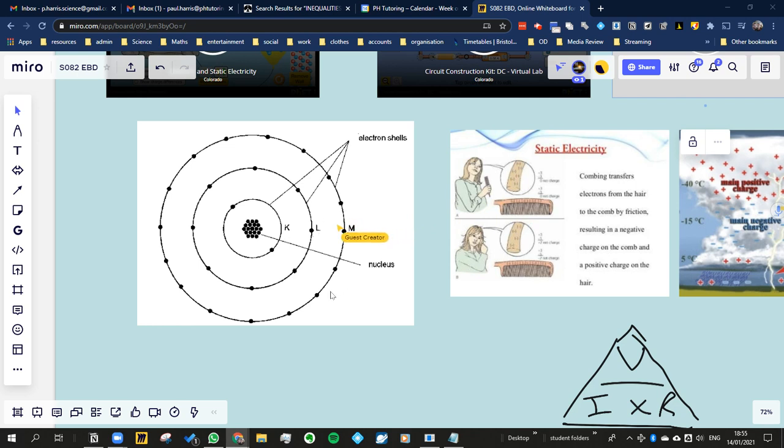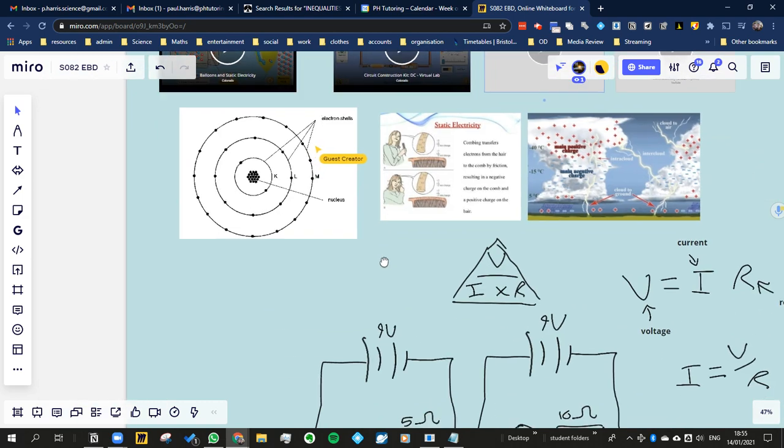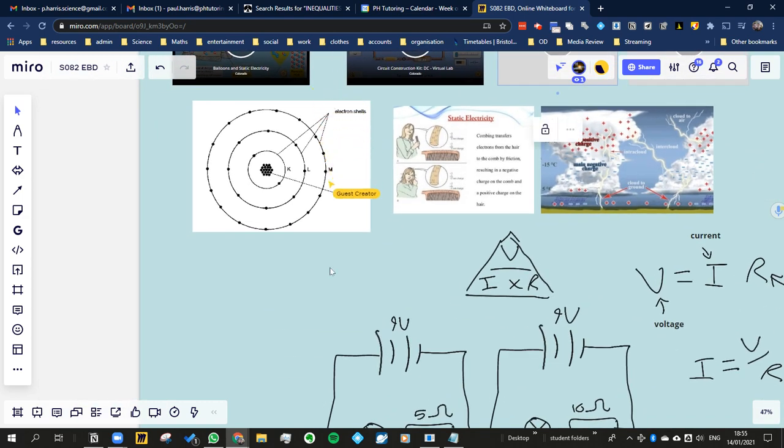So when one substance comes into contact with another substance, and they rub together, it's the atoms of one substance that are going to be touching the atoms of another substance, but also it's the electrons on the atoms of one substance that are going to be touching the electrons on the atoms of another substance. So if I just draw that out, it'll probably be a bit easier to see what's going on.